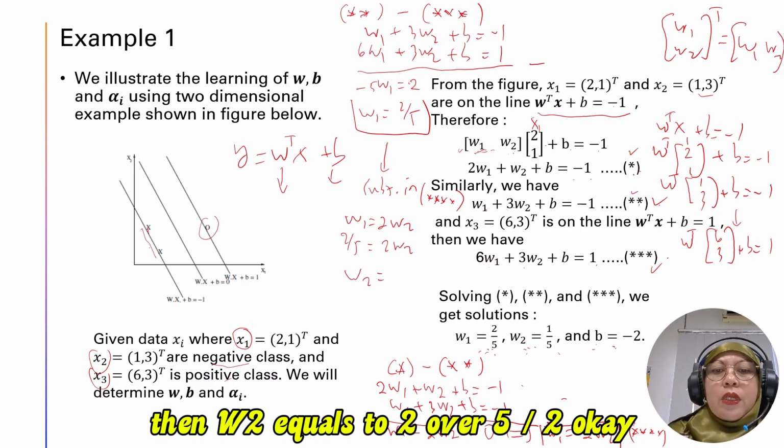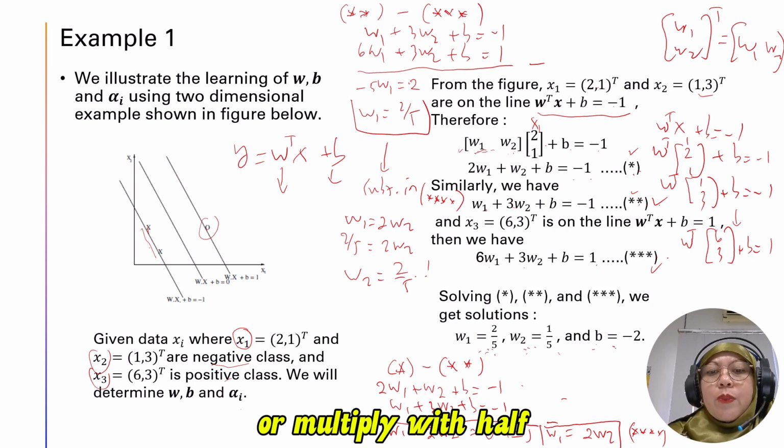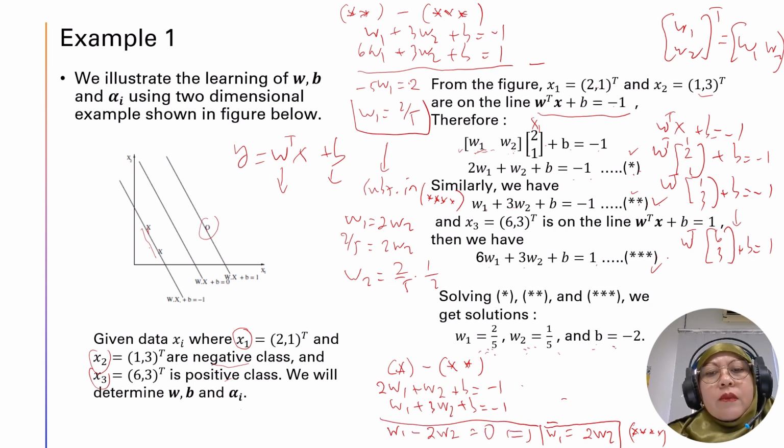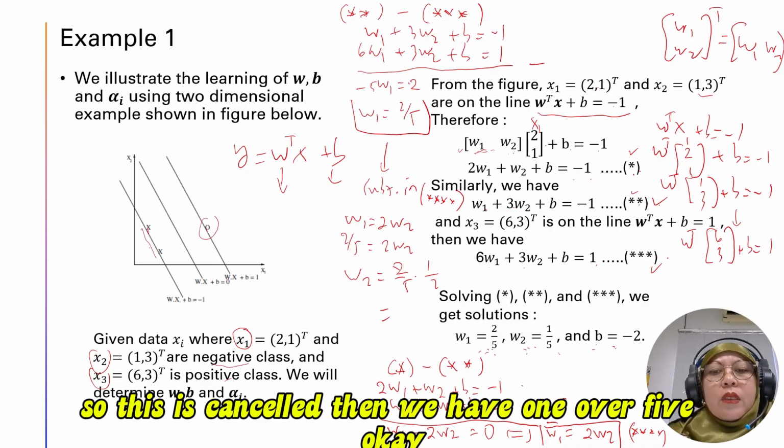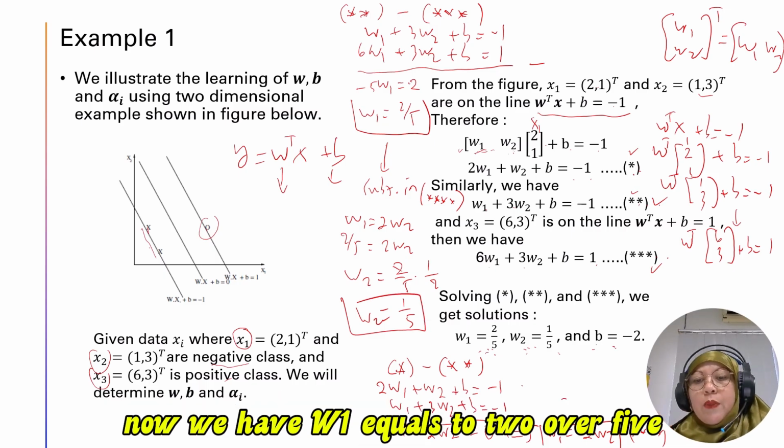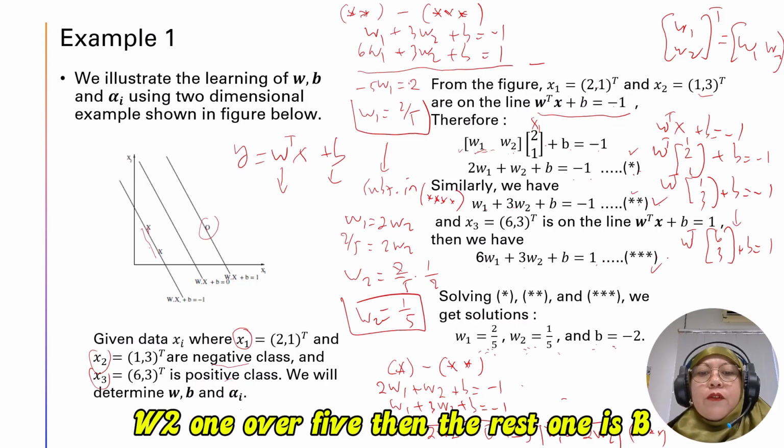Then W2 equals to 2/5 divided by 2, or multiply with half. So this is cancelled, then we have 1/5. Okay, now we have W1 equals to 2/5, W2 1/5. Then the rest one is B.